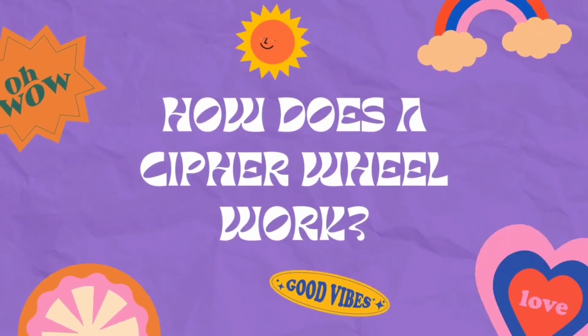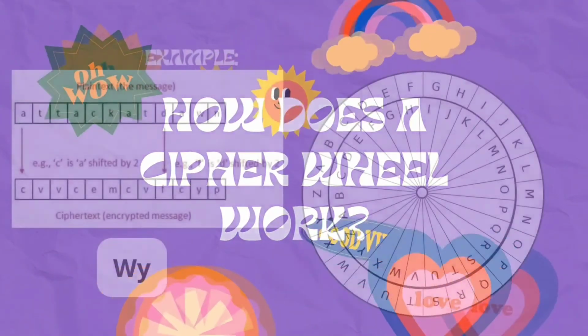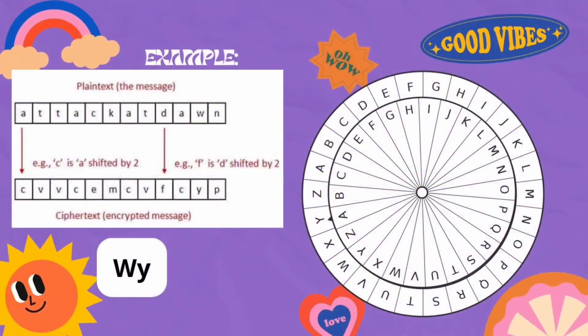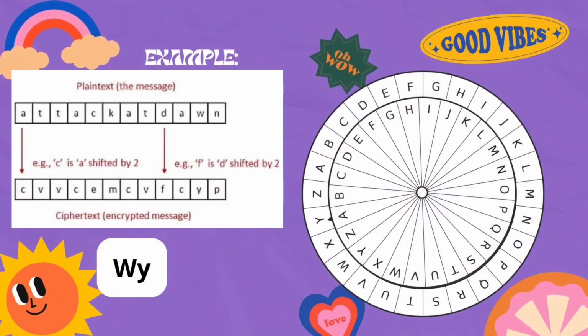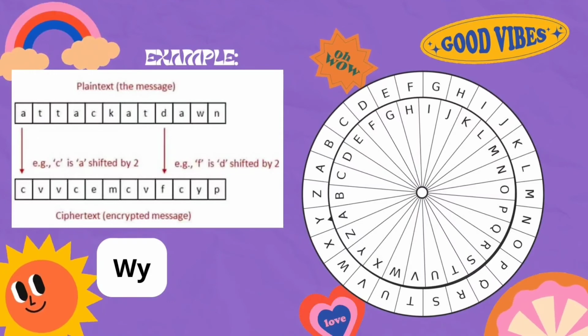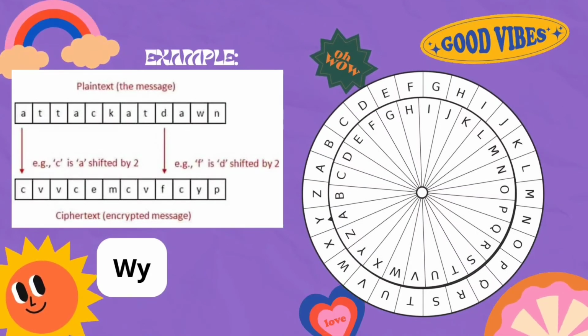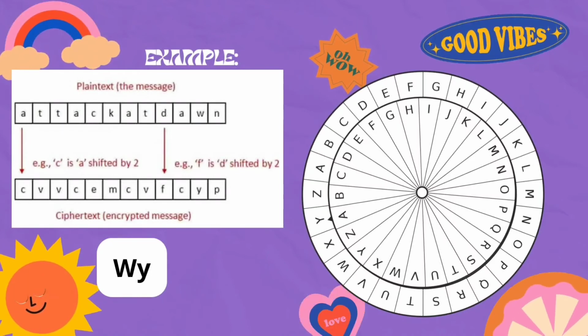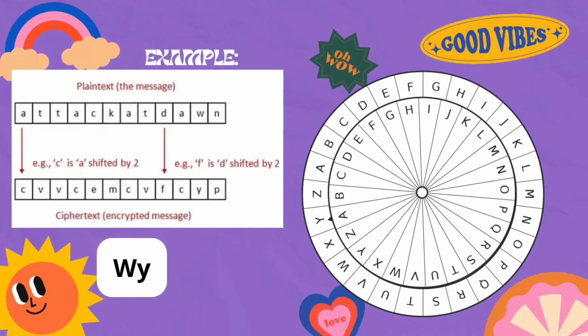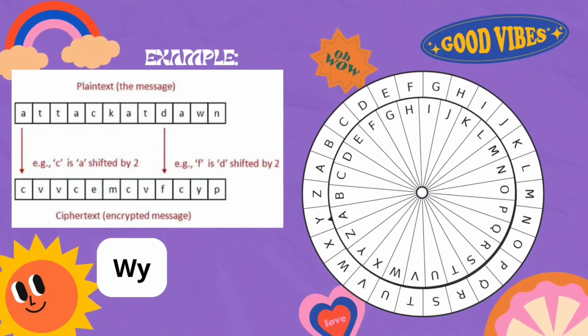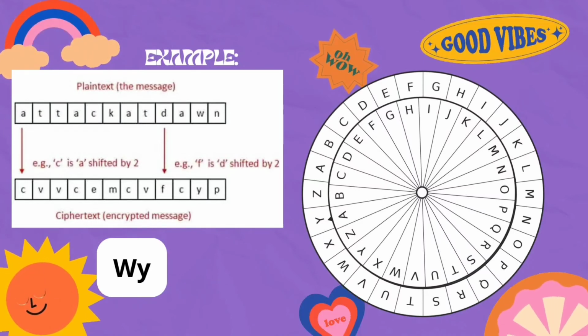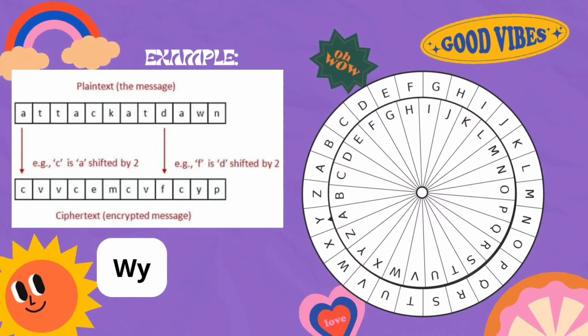How does a cipher wheel work? For example, I have here a plain text or the message, "Attack at dawn." We will now find the index first. For example, the index that I'll be using is uppercase W and lowercase y.